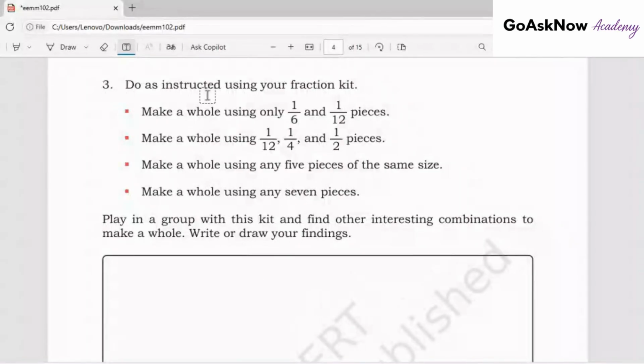Now the third question: do as instructed using the fraction kit. Make a whole using only 1 by 6 and 1 by 2 pieces. Now let us do that.